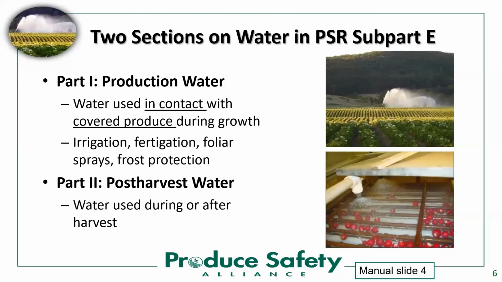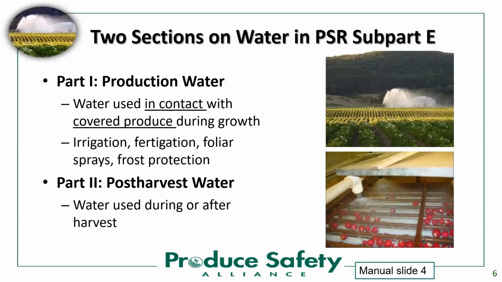So the first type of water they defined is production water. So this is water that's used during the actual growth of different commodities. So this is water that you would be using for irrigation or fertigation purposes, for example. There is also what's called post-harvest water. So this is water that you're using after you've harvested that crop.